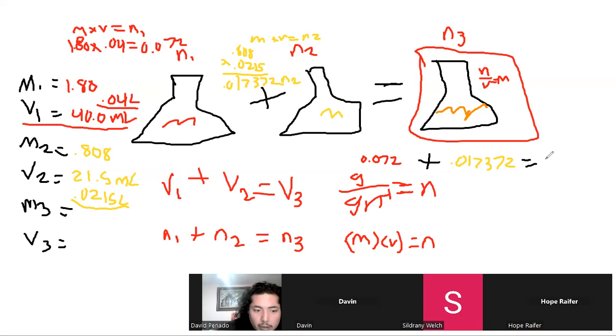After you add the 2 moles, that's considered mole 3. So mole 3 would be divided by V3. And we do the same thing with the volumes.